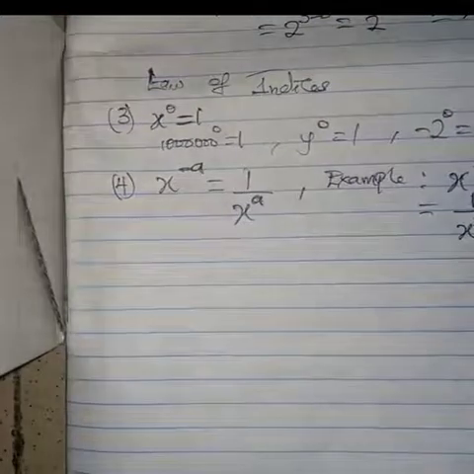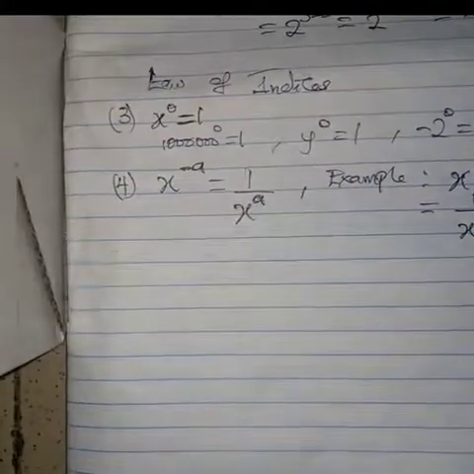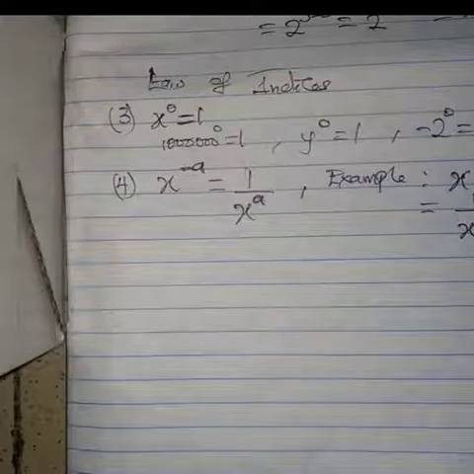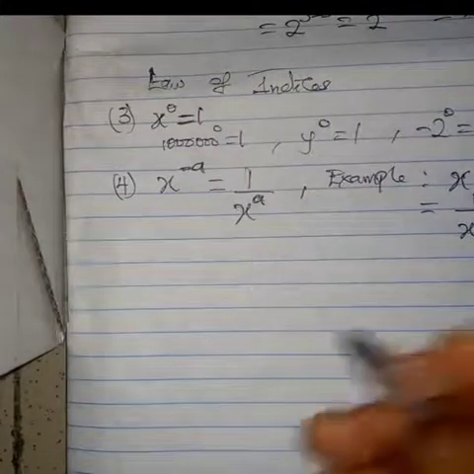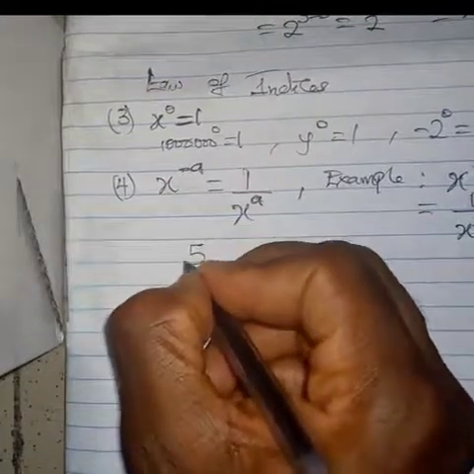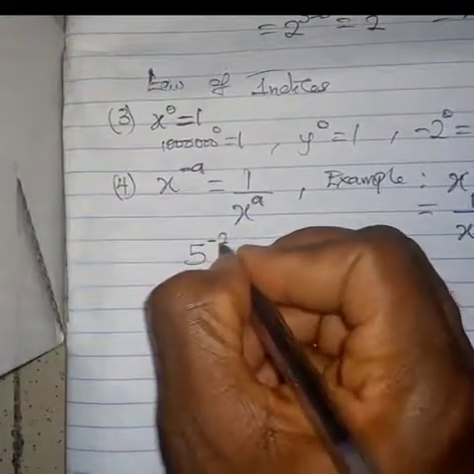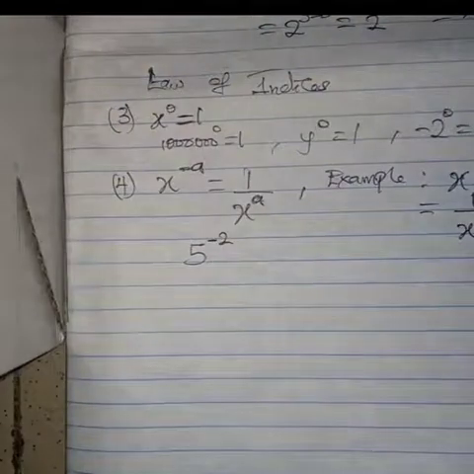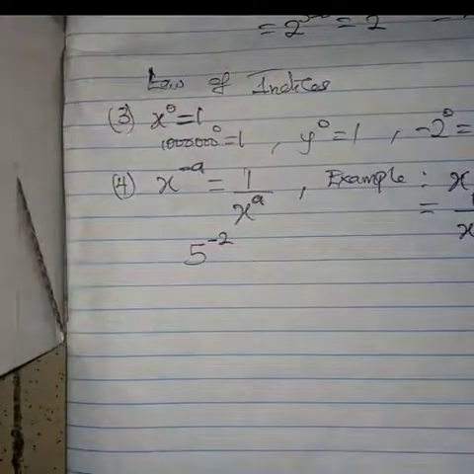It's as simple as that. Very, very simple. It's so direct. We could also go on and on. You could have, let's say, 5 raised to the power of minus 2. Somebody may say, whoa, this is looking somehow big. There's nothing big here. It's actually straightforward.